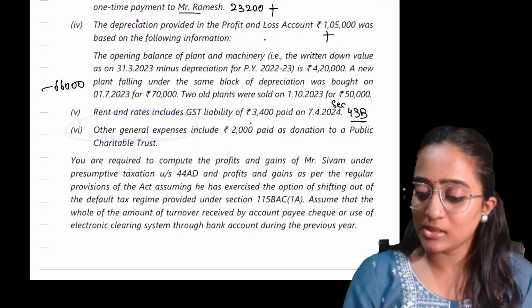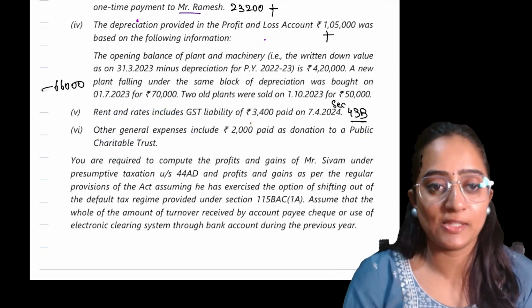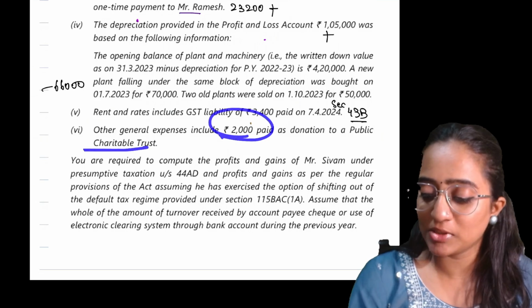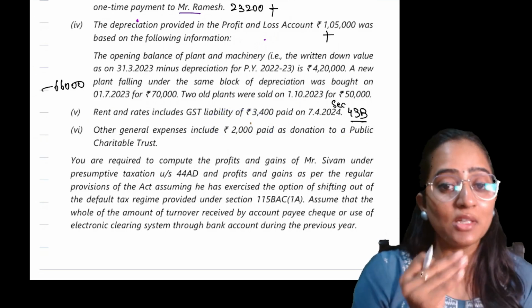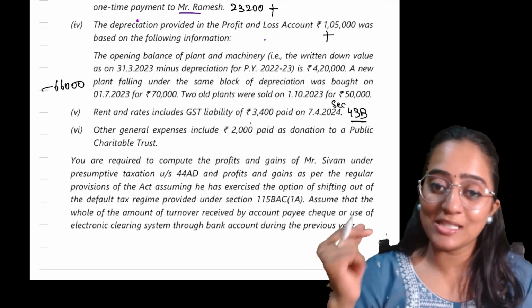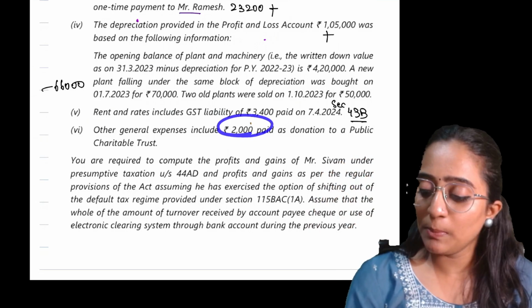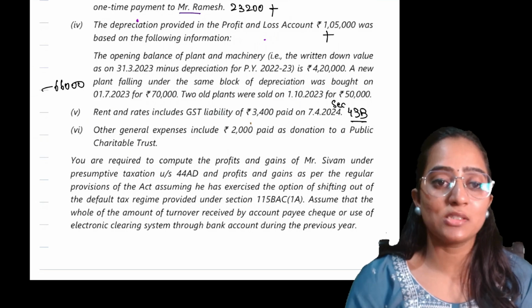Other general expenses include 2,000 paid as a donation to a public charitable trust. All of us remember this public charitable trust goes with the deduction chapter, and it is available as deduction under section 80G. Criteria and categories are there, that is different. But it is paid as a donation to the public charitable trust. That is 2,000 rupees of the charitable expense.